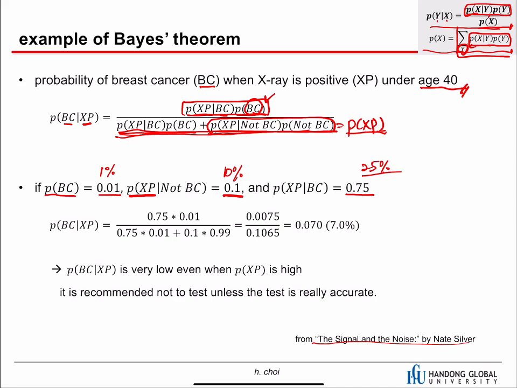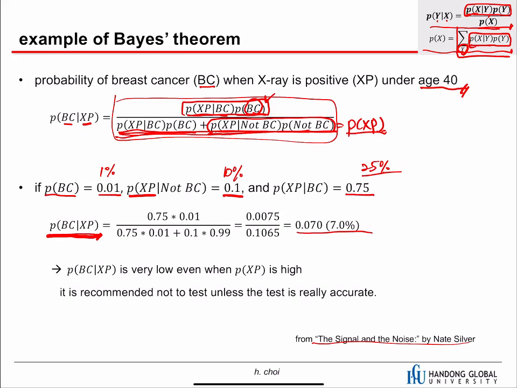Then let's calculate this probability of breast cancer given a positive X-ray. So this is what we're interested in this case. If we put all these numbers into this equation, which we already have, then we get 7%.